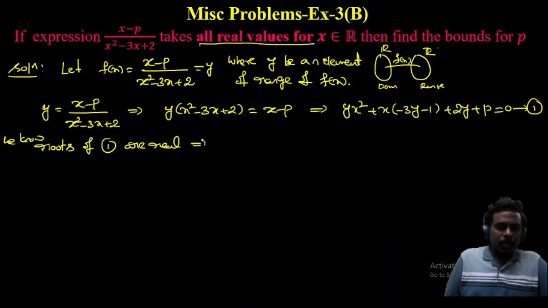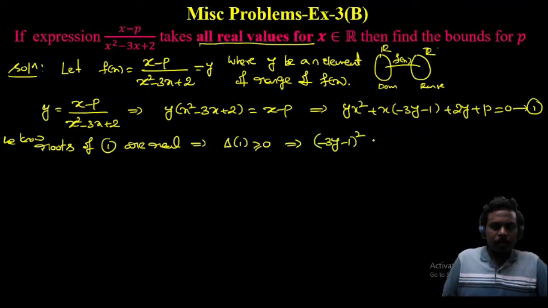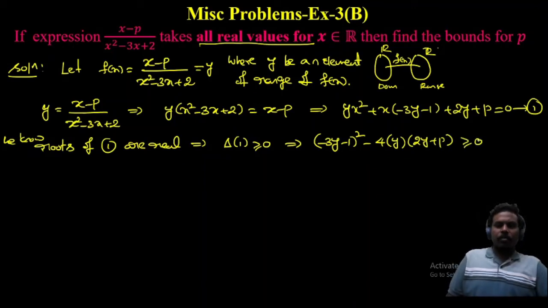This implies delta of 1 must be greater than or equal to 0. What is the discriminant of it? Minus 3y minus 1 whole square minus 4 into y into 2y plus p is greater than or equal to 0.